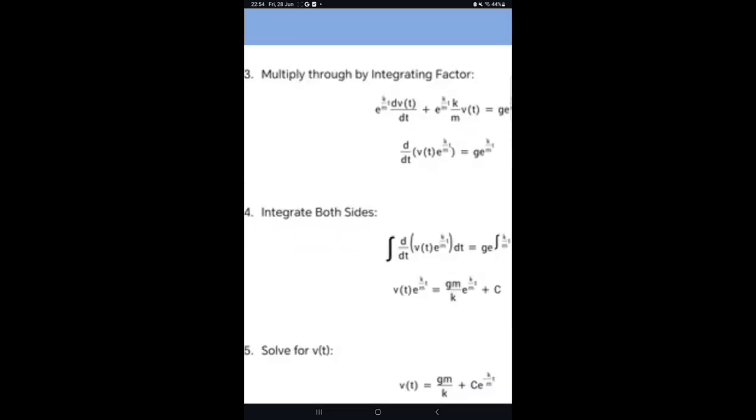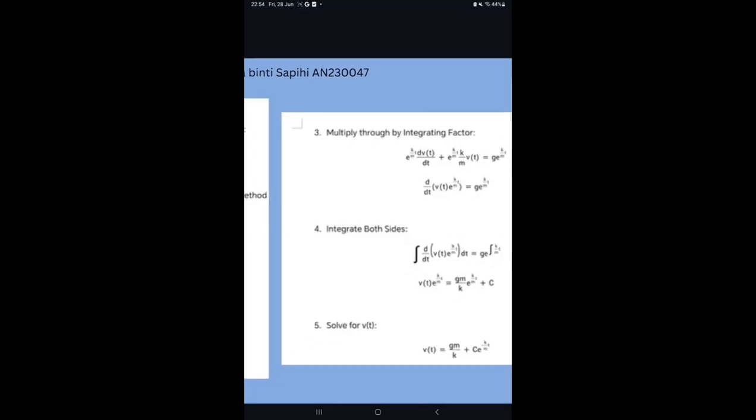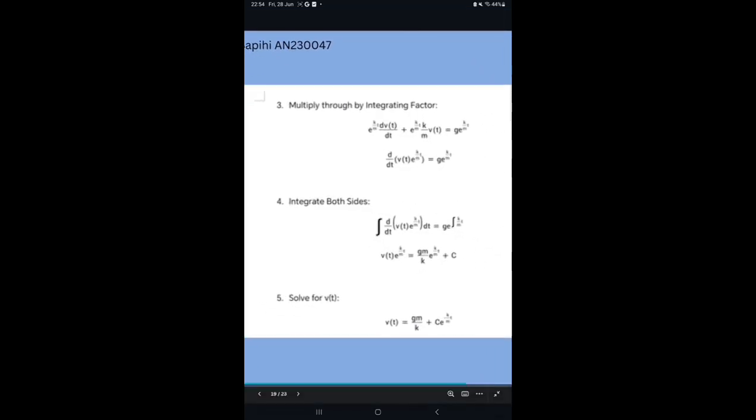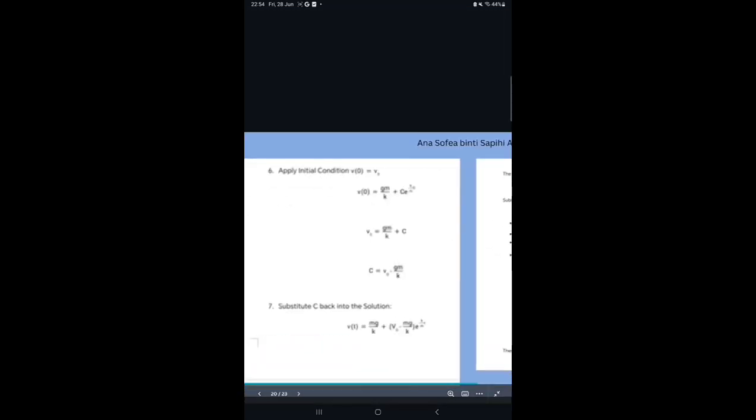For the fifth step, we solve for v(t), and for the sixth, we apply the initial condition, which is v naught is 0.